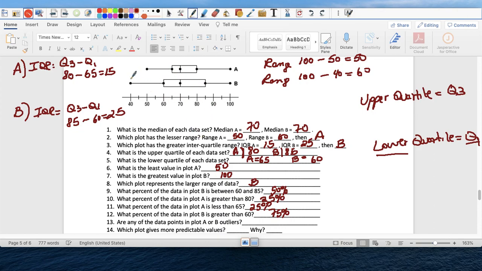Maybe this guy is an outlier. 40 tal vez an outlier. I might say 40 maybe is an outlier. 40 is an outlier.